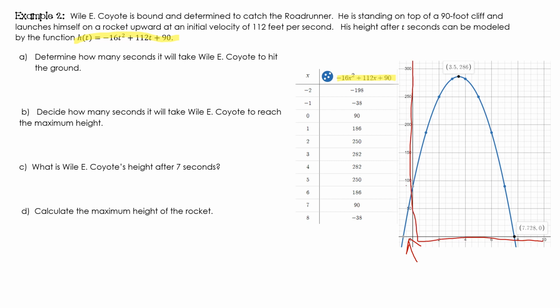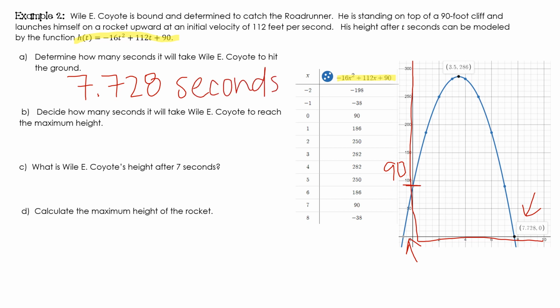So he launches himself right here off of a 90-foot cliff, goes up and reaches the maximum, and then comes back down and hits the ground when the height is 0, which is 7.728 seconds. We are not going to round this any further than it's already rounded.